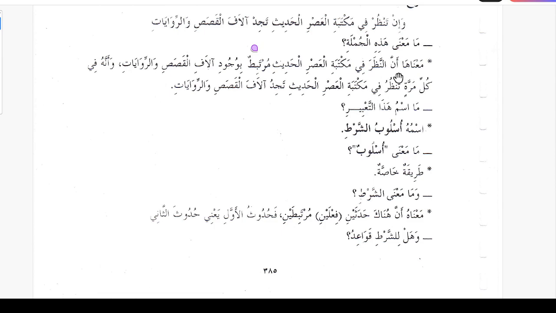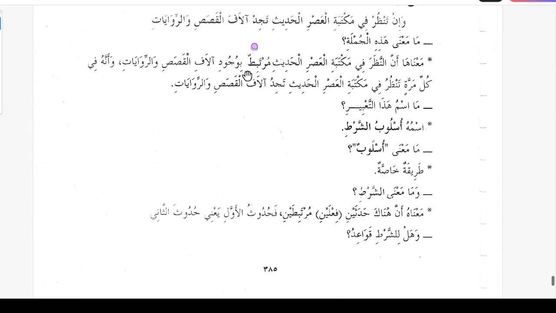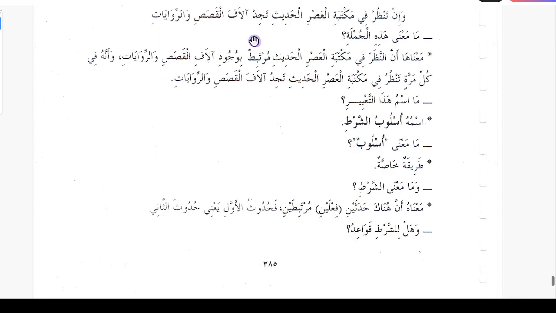So ma ma'na hazihil jumlati, what is the meaning of this sentence? Ma'naha anna nazara fi maktabatil asril hadisi, it means that the looking in the modern time library murtabitun. Murtabitun means linked or connected.